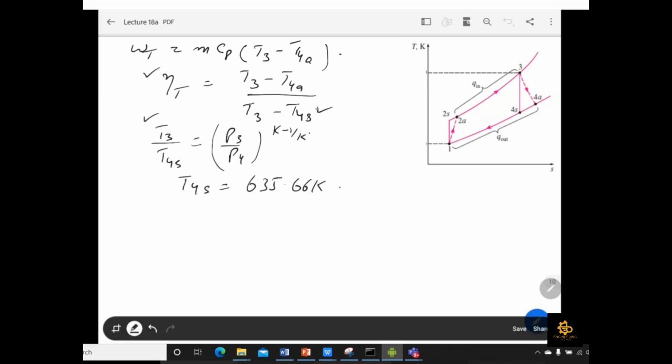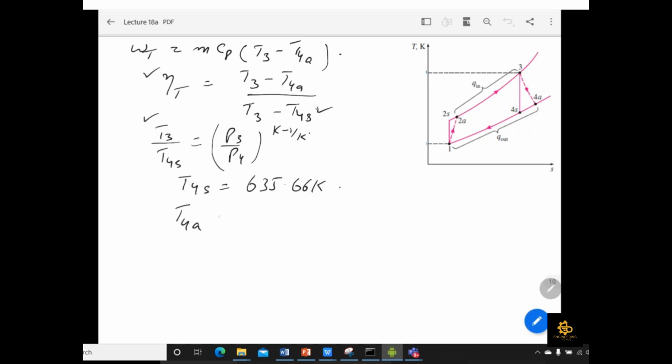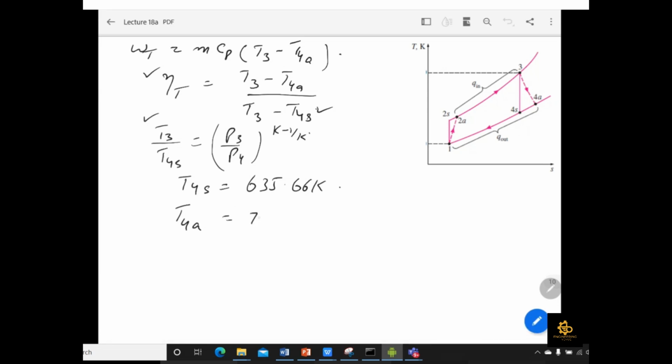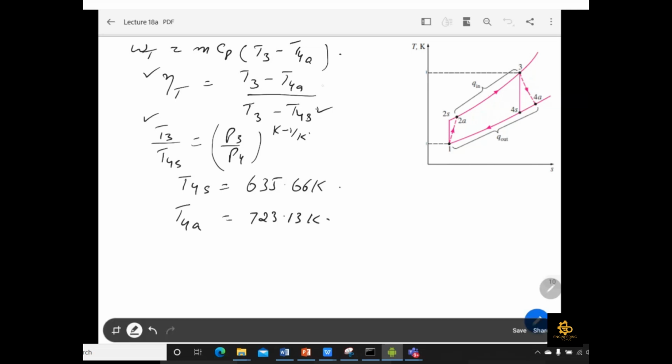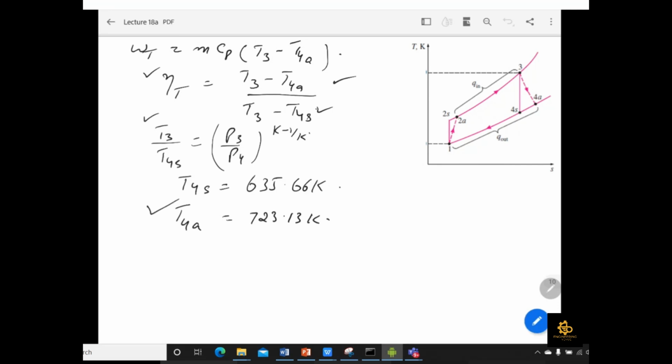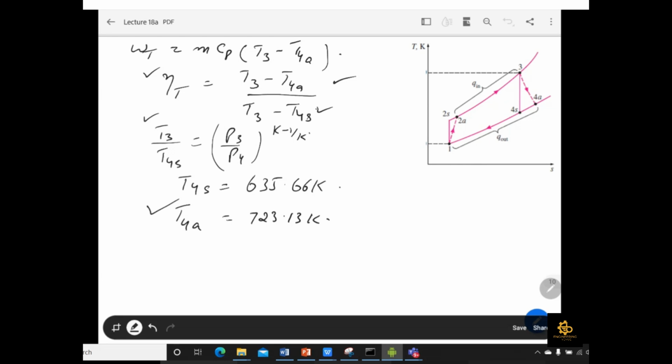By solving it, T4A becomes 723.13 Kelvin. Simply use this equation, and you can solve it by yourself, and you will get 723.13 Kelvin. Now we have all the values.